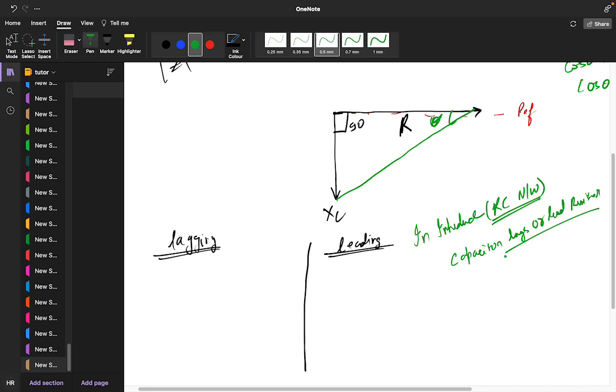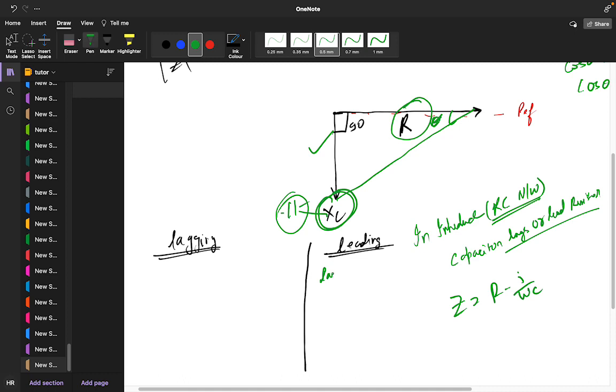Capacitor. Z is equal to R minus j by omega C. From this we drew this diagram. Your R is this and your XC is this. So this represents the capacitor value. So is the capacitor lagging or leading? It is lagging.